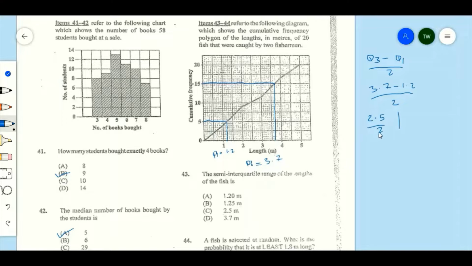And 2.5 divided by 2, that's going to be 1.25. Right? So therefore the semi-interquartile range should be 1.25 meter. So that option is going to be B.